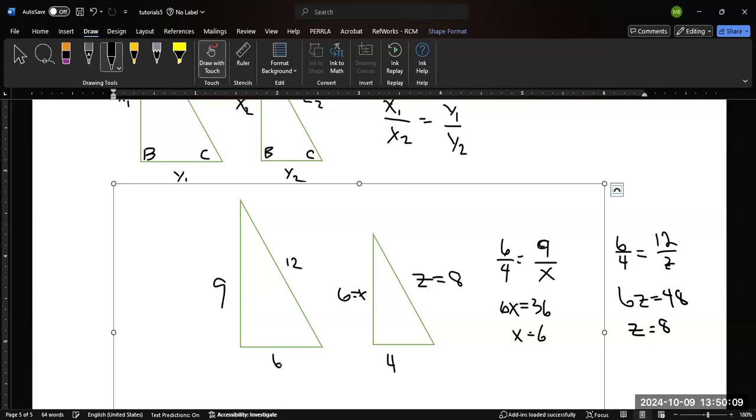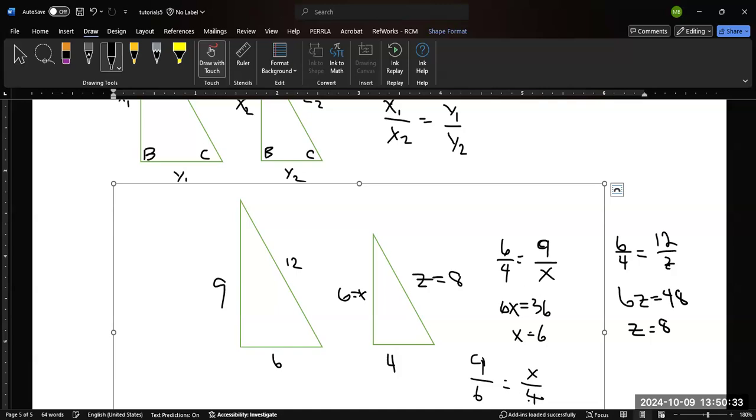We could easily have set up a ratio 9/6 and then 4/x in the first equation. 9/6 equals x/4 would also have been a perfectly good setup for solving this problem.